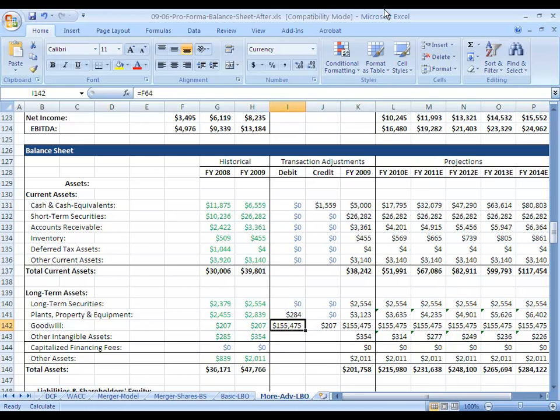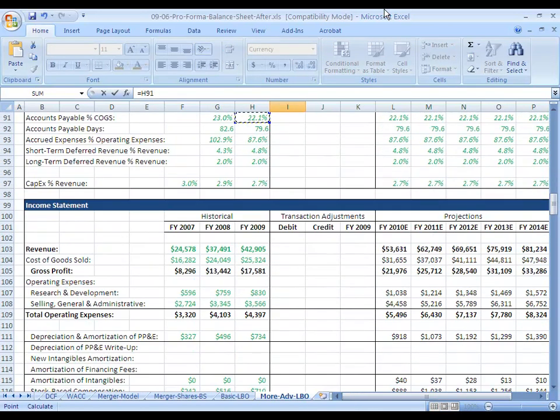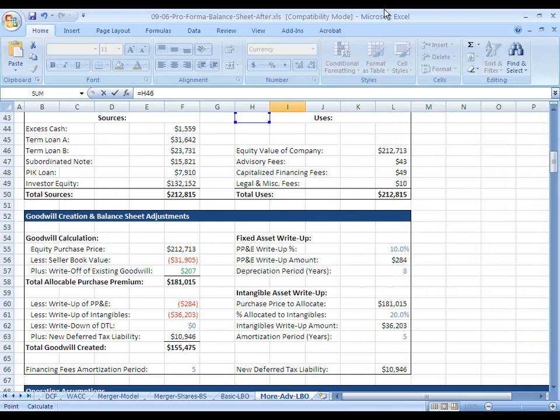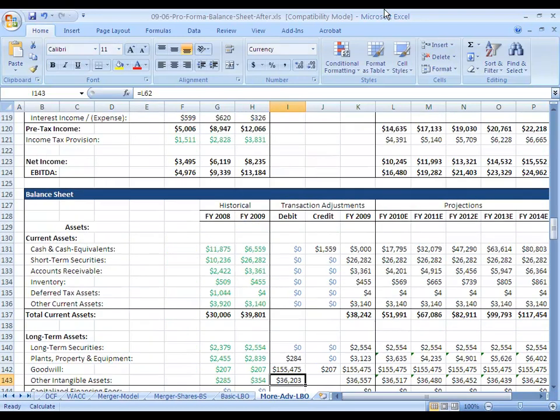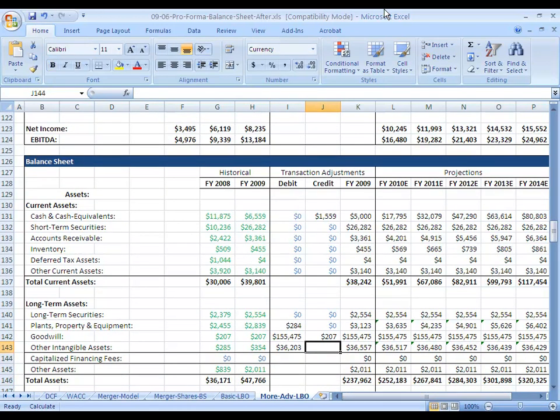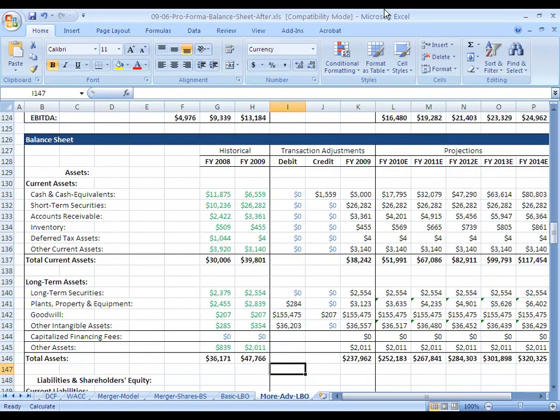For other intangible assets, remember that we have an intangible asset right up here. So I'm going to go up to our schedule once again and pull in this 36 billion number. There will be no credit on this one because we're not subtracting anything from intangible assets. For capitalized financing fees, again, we are creating a new item here. So I'm going to add this in the debit column.